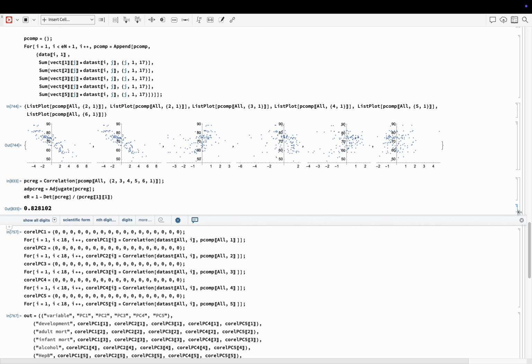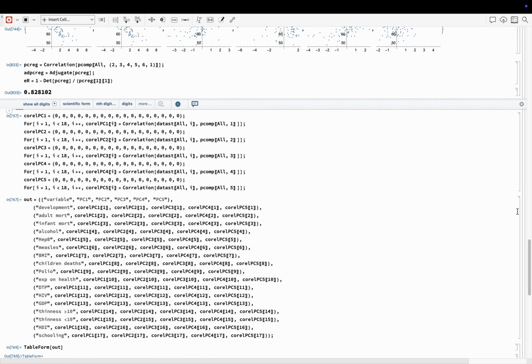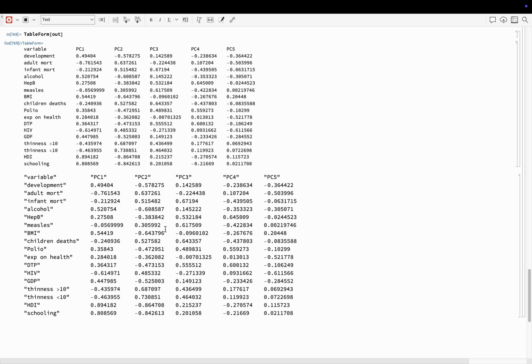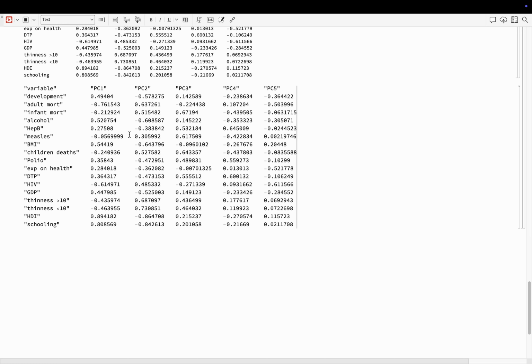Okay, so let us then see what are the loadings of our components, all 5 of them, and maybe I will copy them to some more manageable format, and let us look for high correlations.